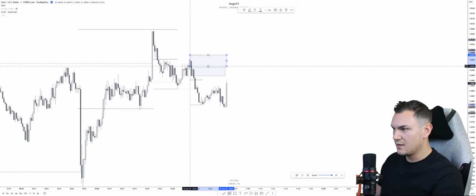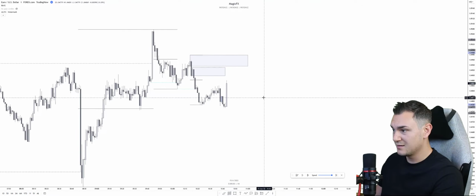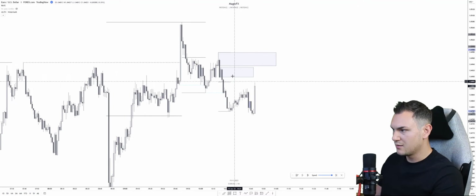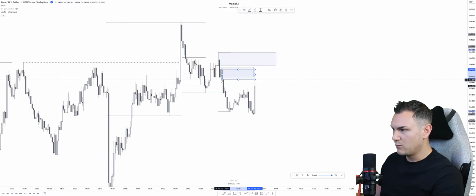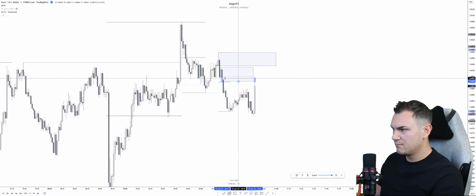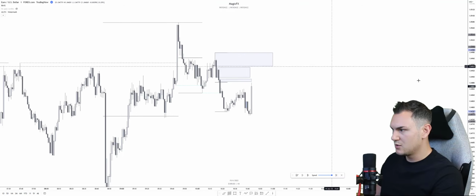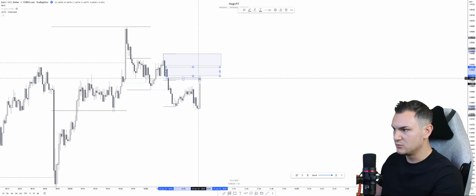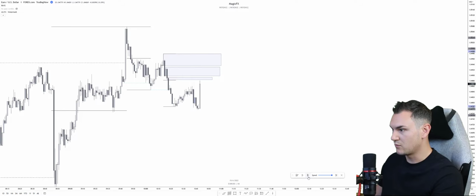If we get an extreme mitigation, I'll be more happy to take a 5-second entry, but because there are other areas below, if we get a 1 minute CHoCH from either of these areas, I'll be happy to take an entry from there.